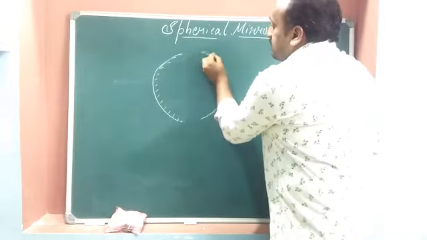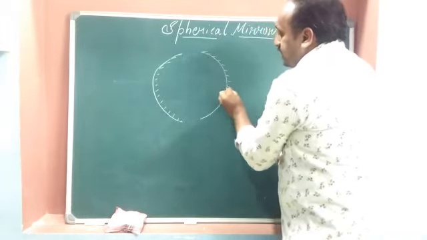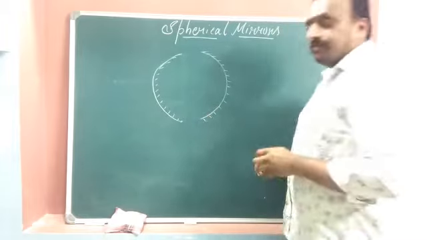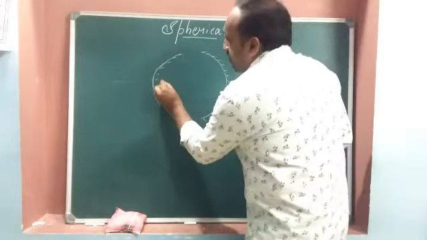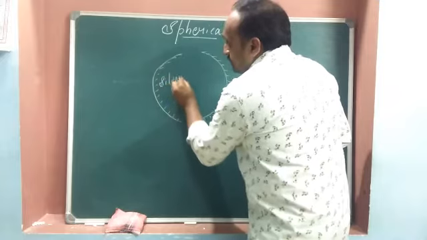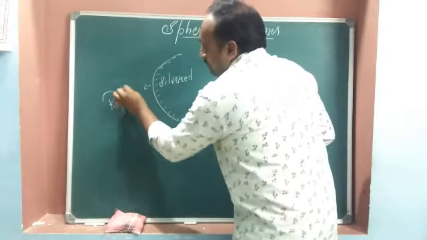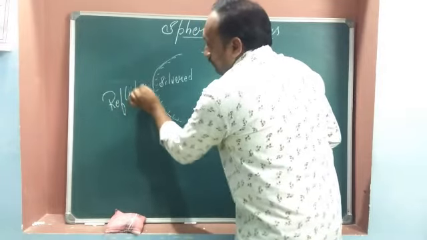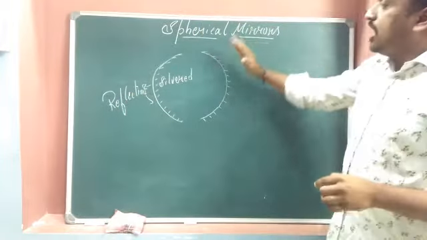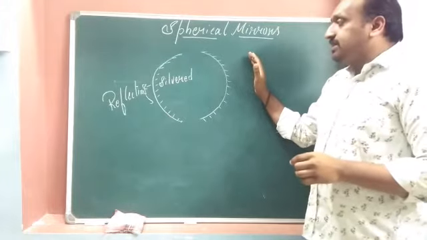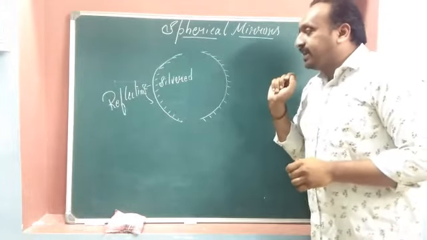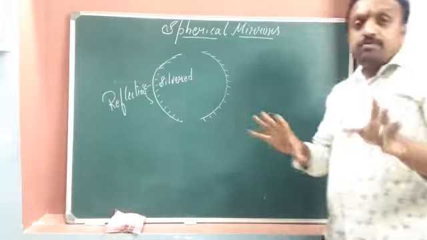Another one, silver outside. This is the silver surface, and this is reflecting. Likewise, outside here it is silver, inside is reflecting.